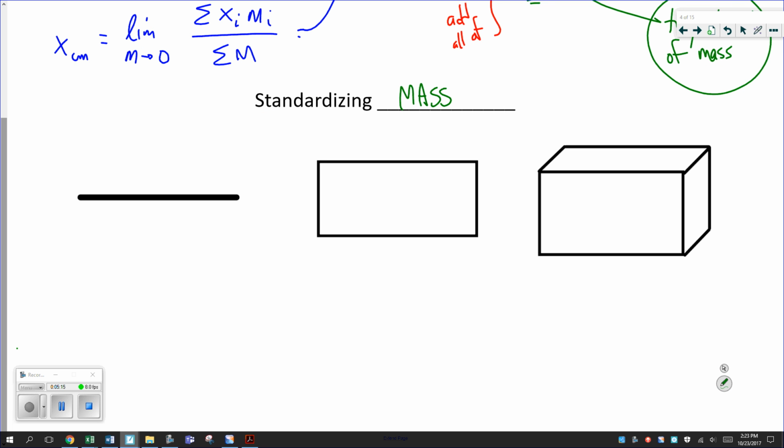If this is a rod of mass m and length L, we can typically say that this thing has a linear density. In many examples, linear density will be constant.